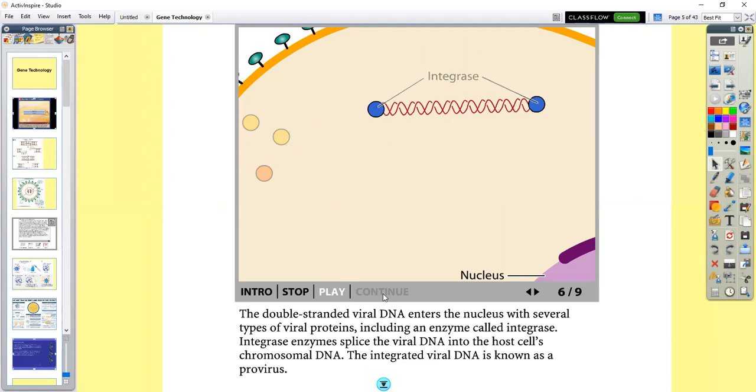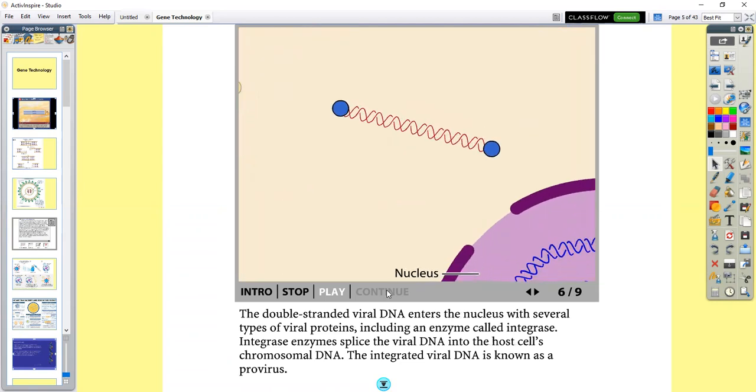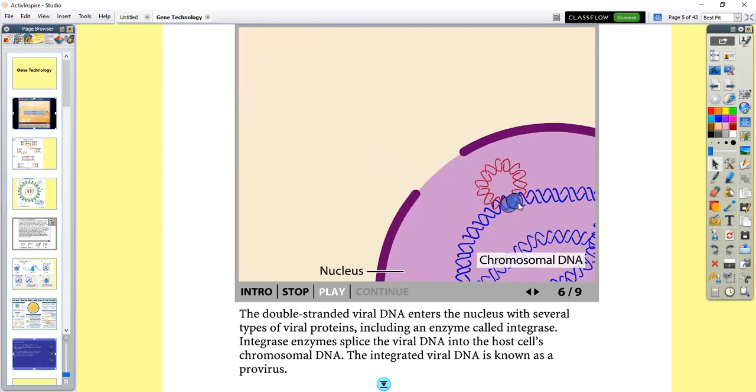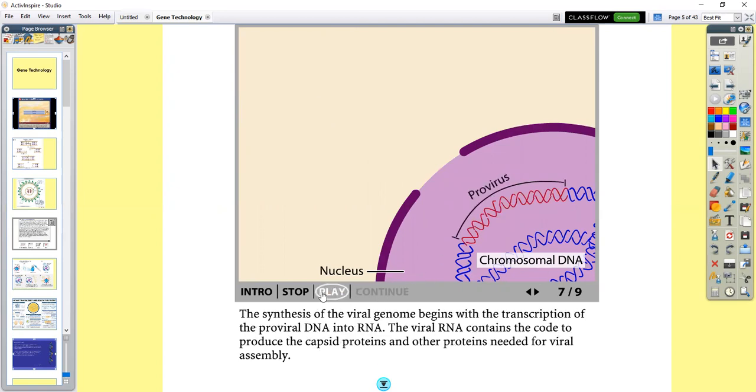So these are other different types of things involved with the reaction as well. So then that DNA combines with the DNA of the organism, or the genome of the organism, and then that organism or that cell will start making copies of viruses or HIV viruses, okay? Or as it says there, viral DNA.